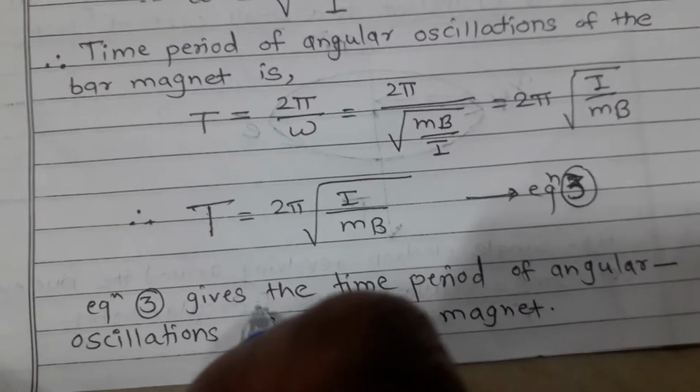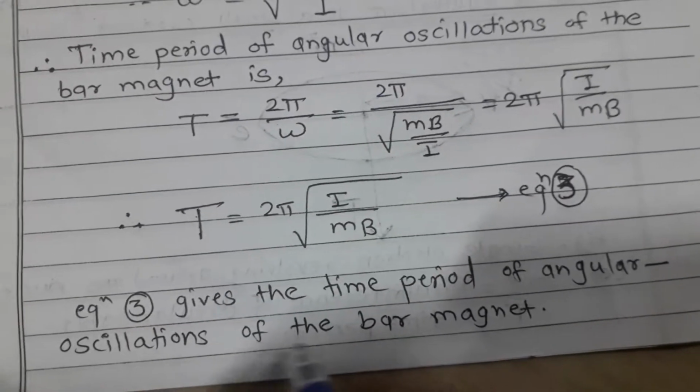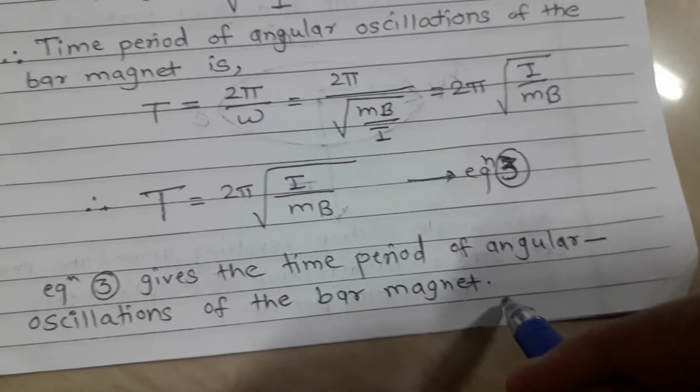Equation 3 gives the time period of angular oscillations of the bar magnet.